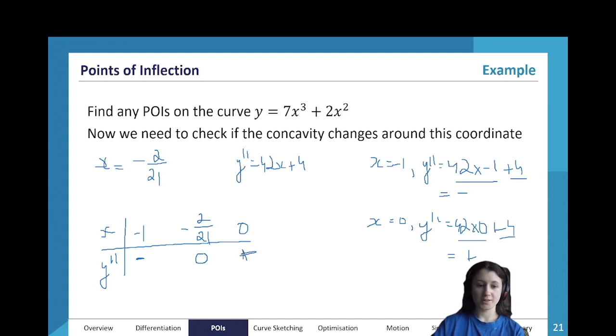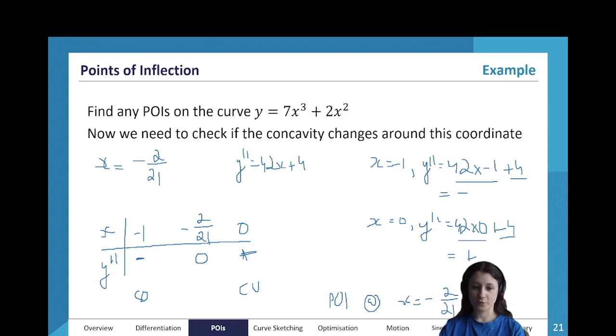So this means that the point we have found does satisfy both requirements, because we have a concave down concavity here and a concave up concavity here. All right? So this is great. This is what we want. This means that we do have a point of inflection at x equals negative 2 over 21.